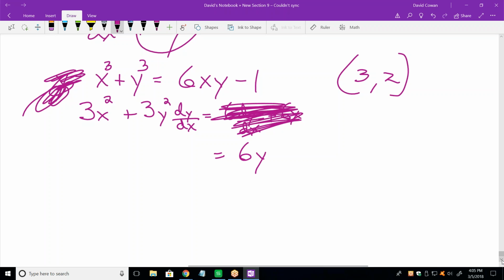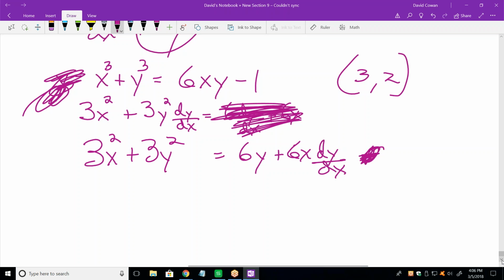Plus, now it's 6x times the derivative of y, which is 1. Since I am taking the derivative of y, I need to follow it with a dy dx. And we still have minus 0 because that goes away. Right? All right. So this is a little extra difficulty here.